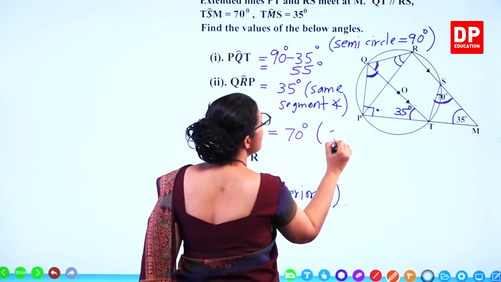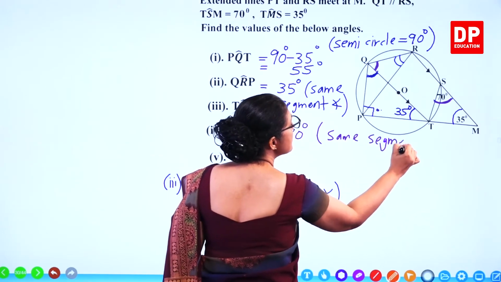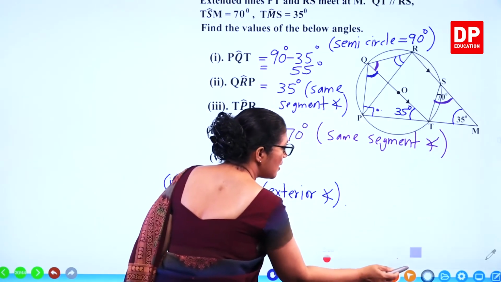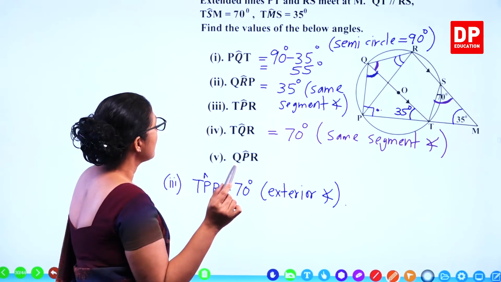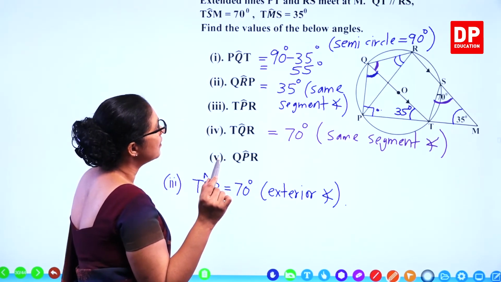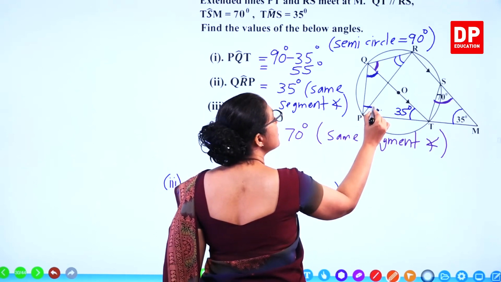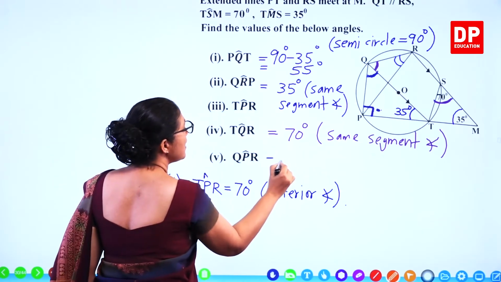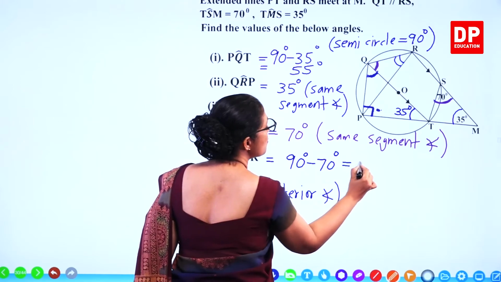So we can write same segment angles, or you can write exterior angle of a cyclic quadrilateral. Then QPR. QPR is this one. So we know that the full angle is 90. This is 70. So 90 minus 70. That's 20 degrees.